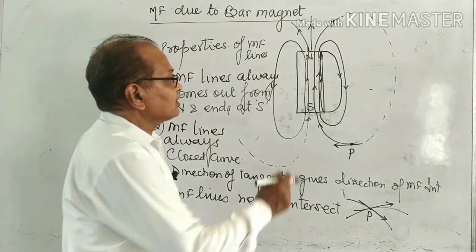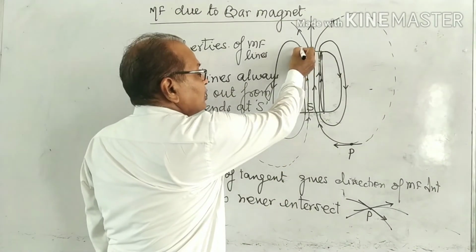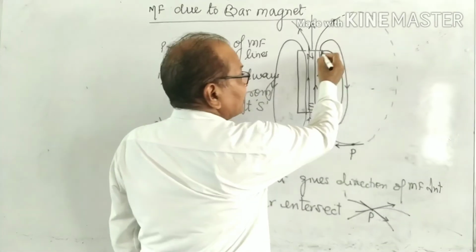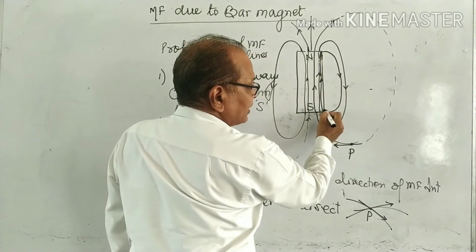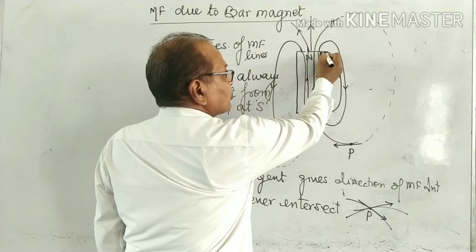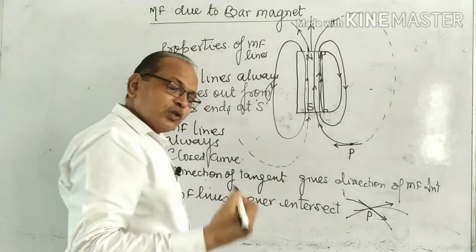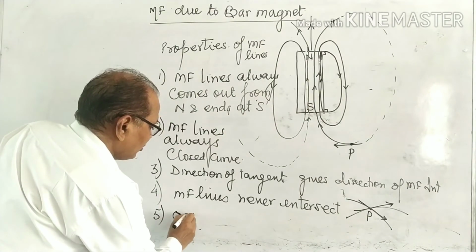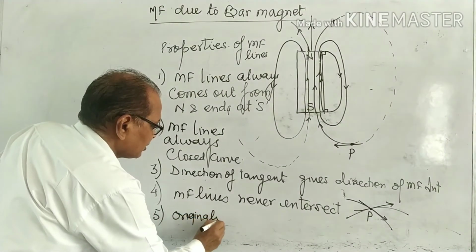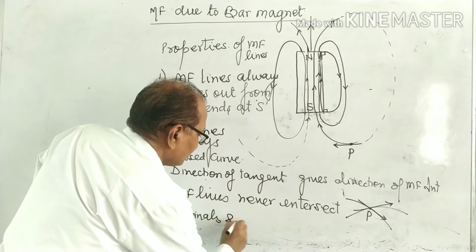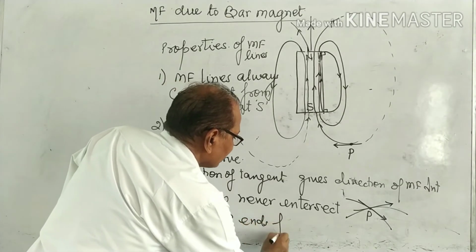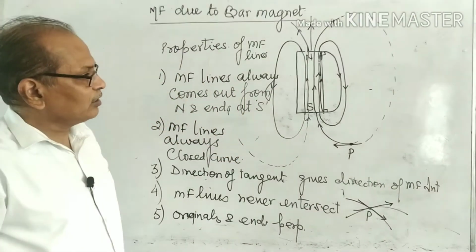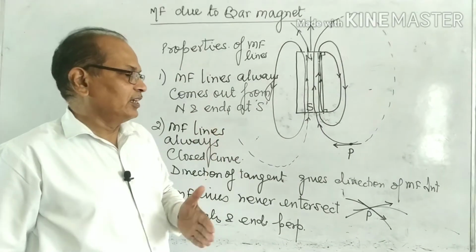All the field lines originate perpendicularly and end perpendicularly. You can see this magnetic field line makes a 90-degree angle here and also 90 degrees here. They originate perpendicularly and end perpendicularly. So these are a few properties of magnetic field lines.